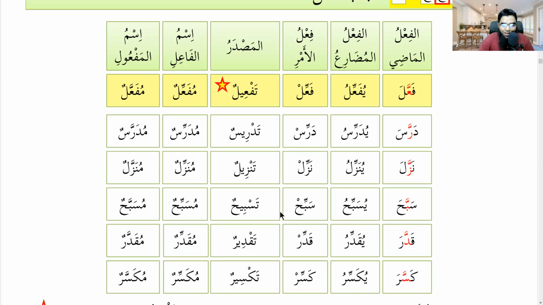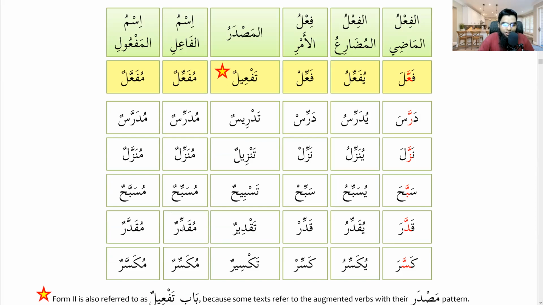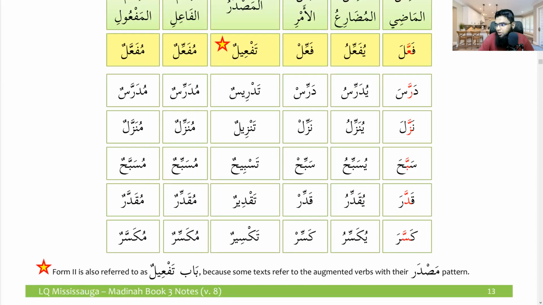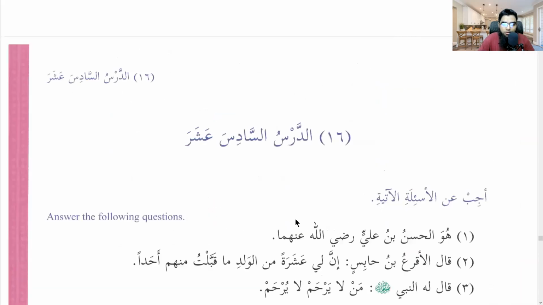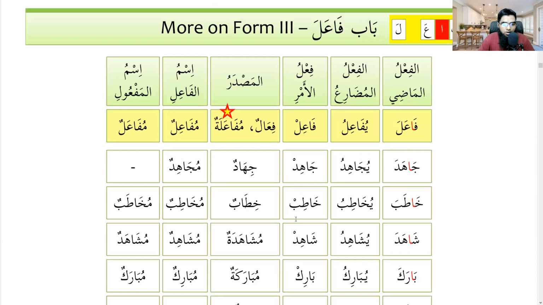Okay. Qaddara yuqaddiru taqdir muqaddir muqaddar. Kassara yukassiru taksir mukassir mukassar. Broken plural, jam' mukassar. Kassara is to break something, to smash something into pieces. Mukassir mukassar. Bab taf'il. Okay. So this is what is form 2.